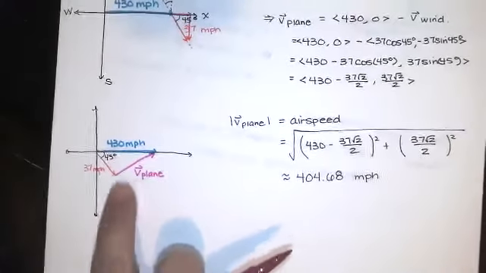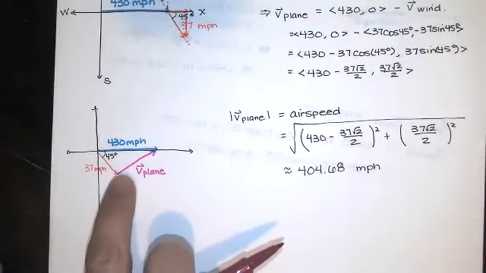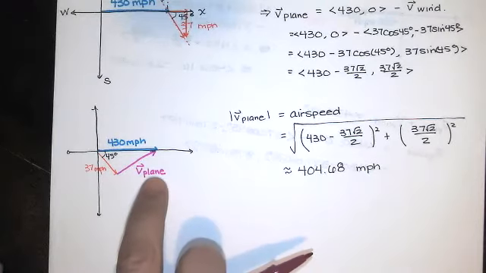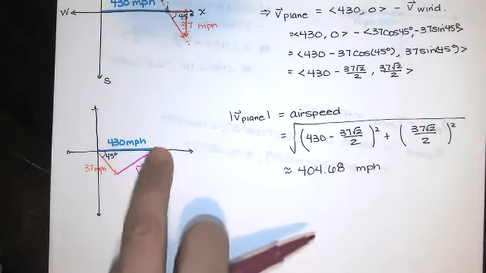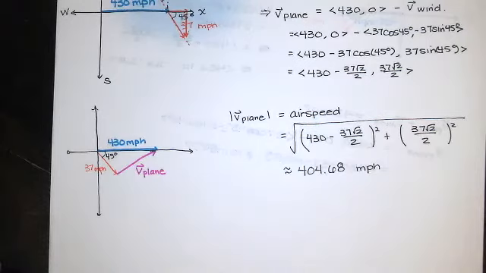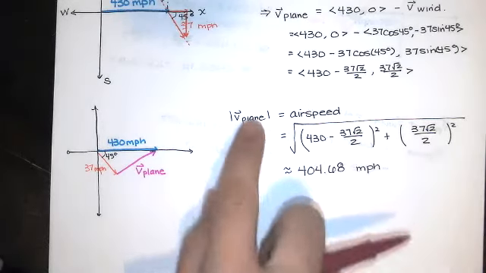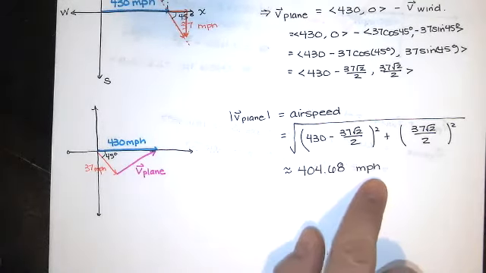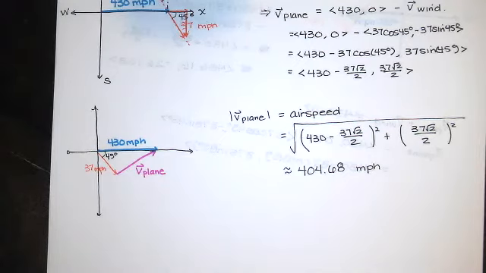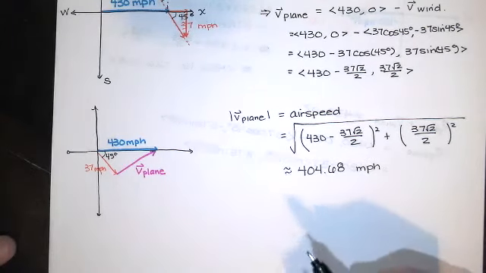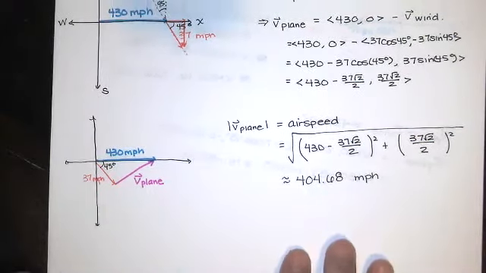Okay, now if you look at this vector, you'll notice that it has a component in the x direction that's positive and a component in the y direction that's positive. That's exactly what we have here. And the magnitude turns out to be this. Now, if we're looking for an angle, just use a little bit of trig to find that angle.